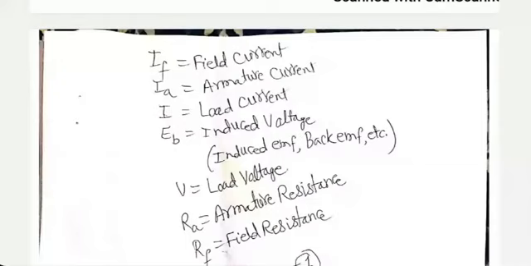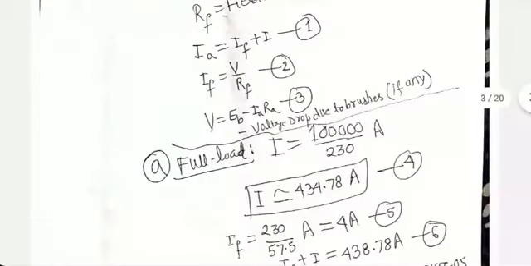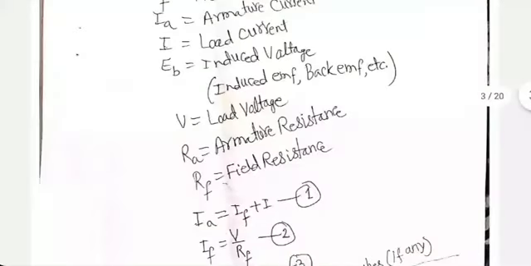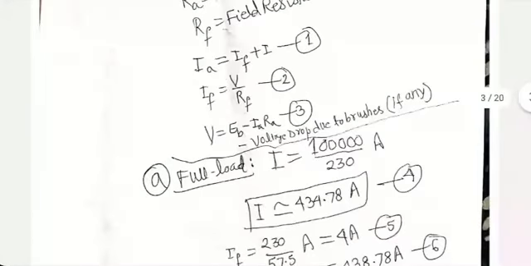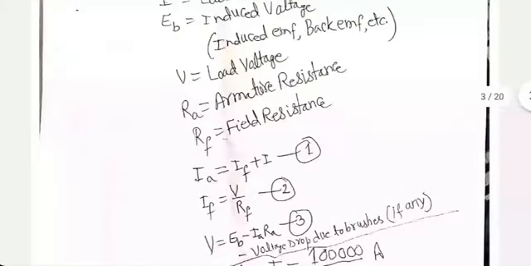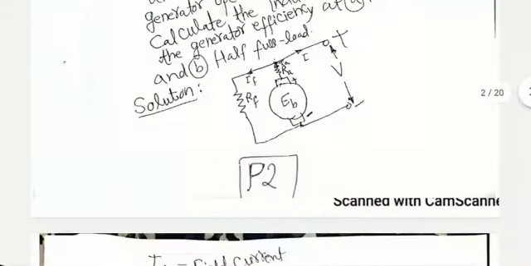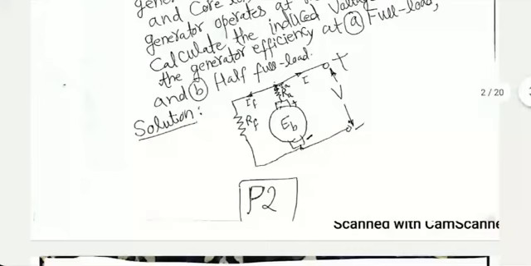Okay. Now the equations are reasonably simple. IA equal to IF plus I. I have already shown that several times. IF will be V divided by RF. That's second equation. And third equation, of course, is EB minus voltage drop across RA minus any voltage drop due to brushes, if it is given to you.